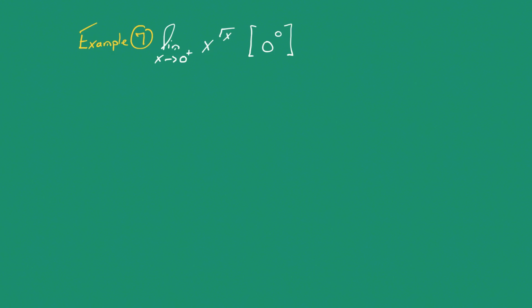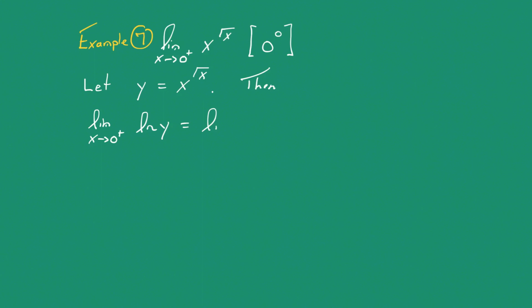So, namely, we're going to start by letting y equal x to the root x. And then we're going to evaluate the limit as x tends to 0 from the right, not of y, but of the log of y.